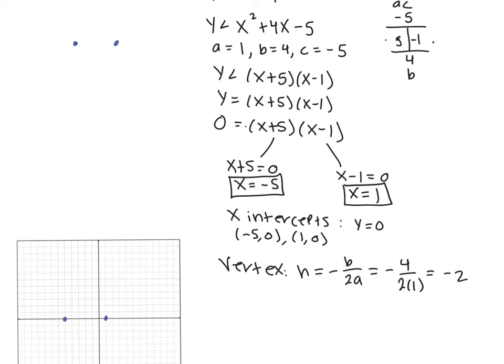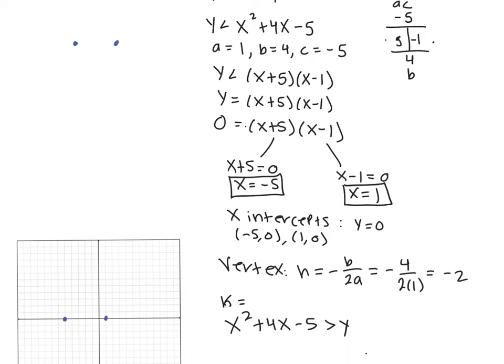If I want to find the k, I have to evaluate my standard form with my -2 substituted in. So I'm going to take my original equation. So I had x squared plus 4x minus 5, all that is greater than y.